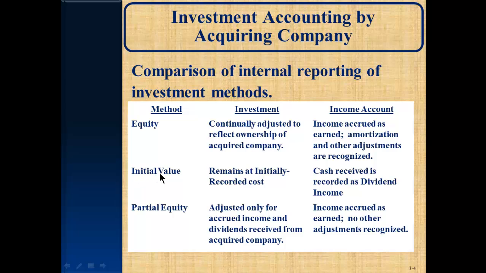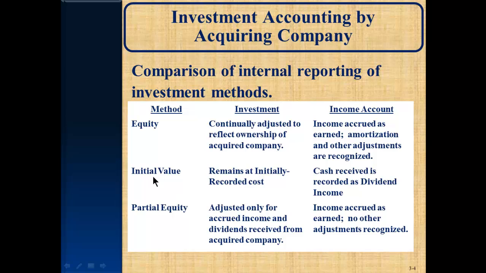The initial value method, you'll notice this in the problems we're going to work, is you're on the initial value, which is called the cost method, because that investment that you have on your general ledger, the thing that you recorded on your GL when you made that transaction and credited cash or credited notes payable or credited stock, whatever it is you gave up to buy that investment, that is still going to remain at that legacy old value on the date you bought it.